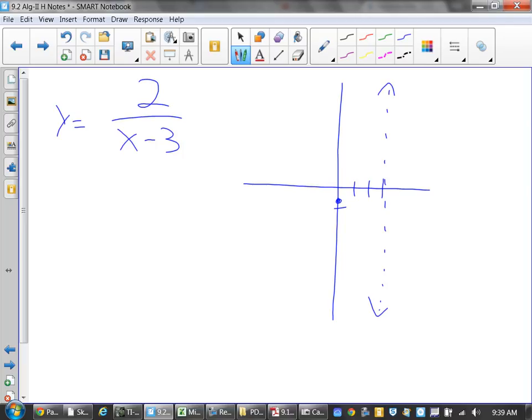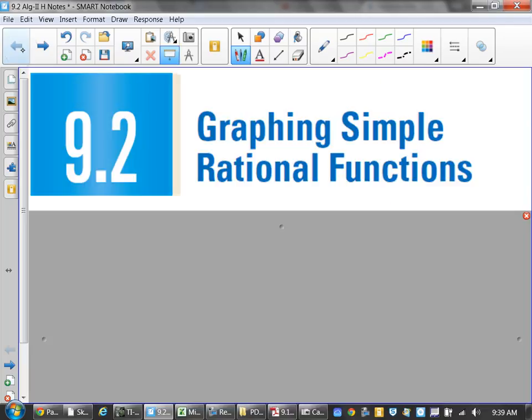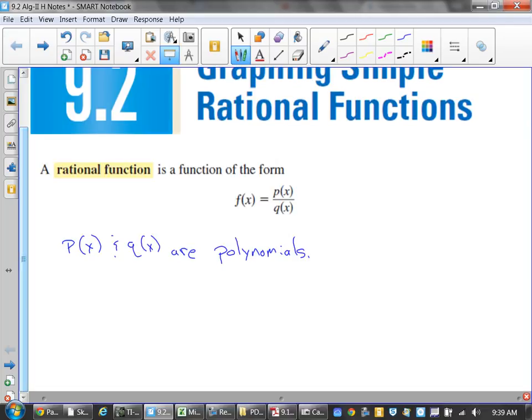What happens here with a rational function is that when you're graphing rationals, you're going to get asymptotes. Basically any rational function can be written in this form.